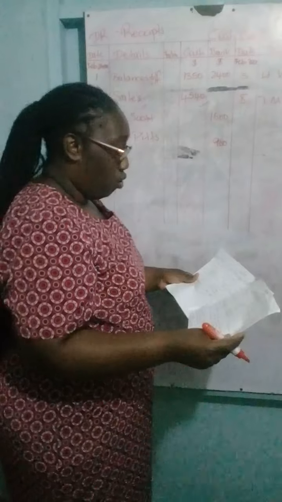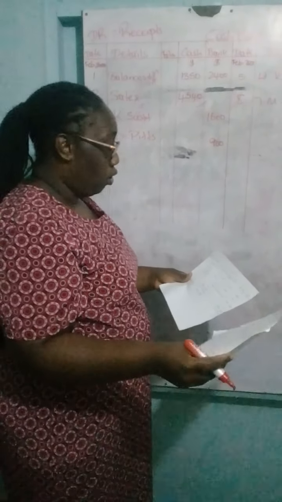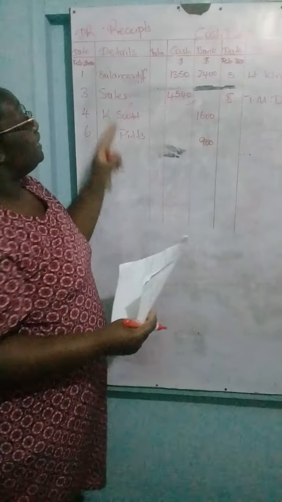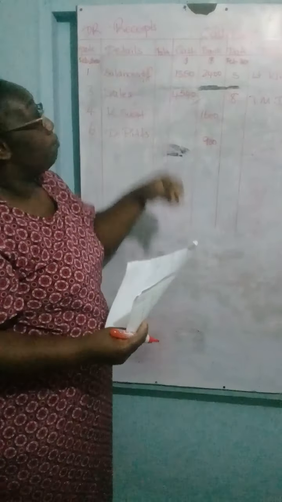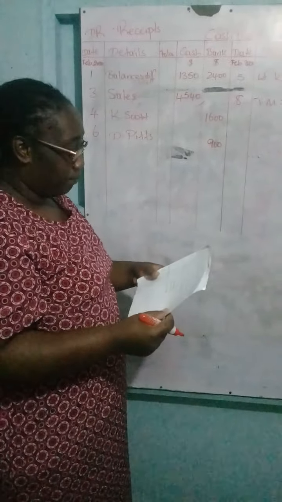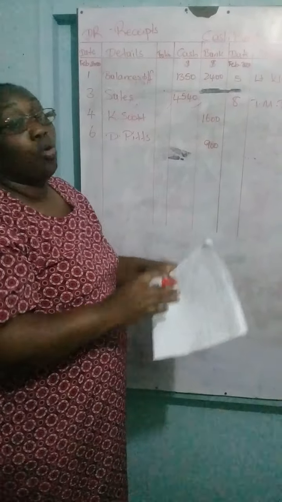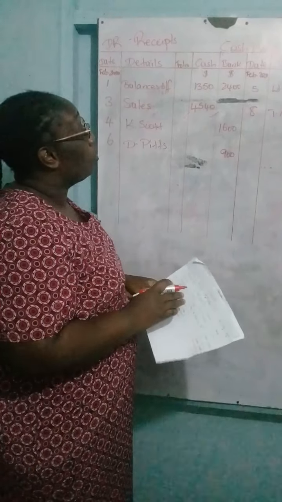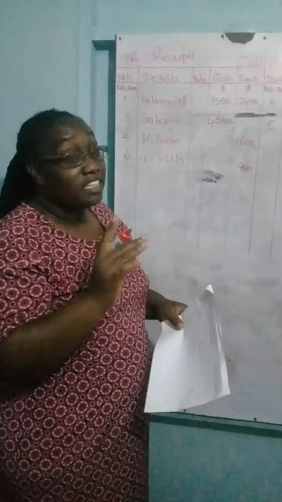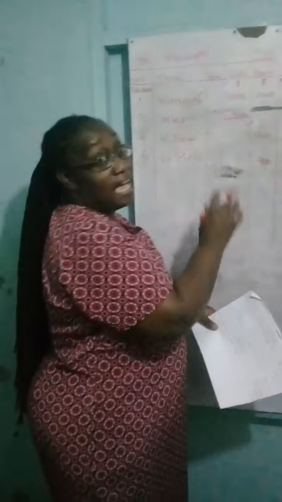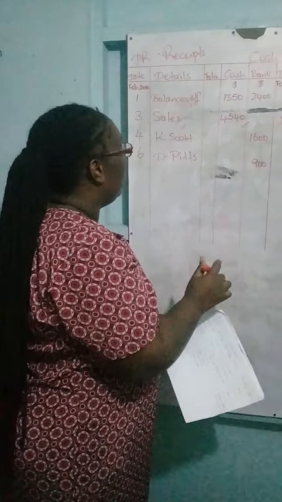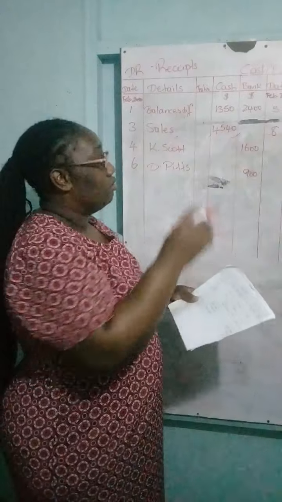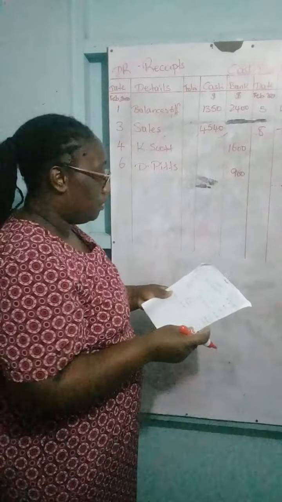Alright, so now we have entered all our entries in the cash book under the date, details, cash and bank column on each side. Now it is time for us to balance off the cash book. We balance off the cash book by finding the difference between the debit side and the credit side. Okay, so we will balance it off as at the end of the last transaction.